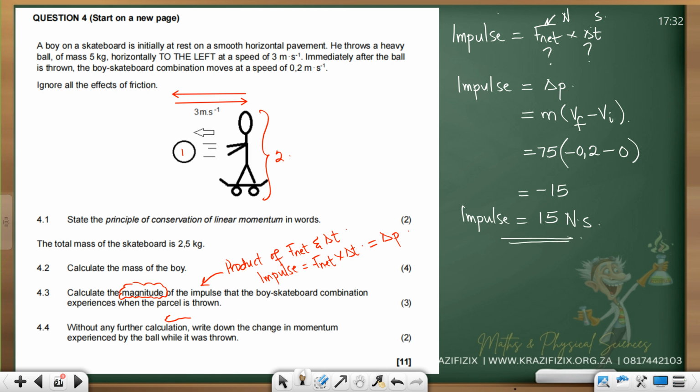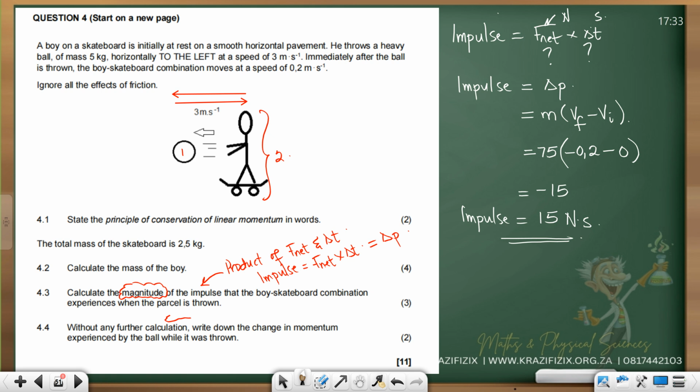That's how we work it out. Although I used change in momentum, I am going to write the unit of what the examiner wants me to find. The examiner wanted impulse, so I write the unit of impulse. Please take note, although I used kilogram meter per second for momentum, my answer would be newton second.